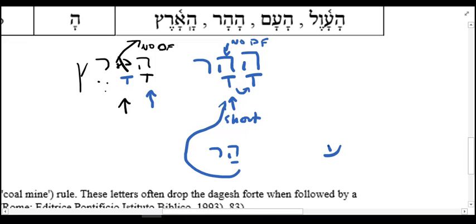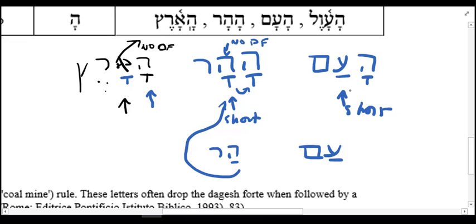The word for people, which is one of our vocab words already, has a short pathak, and when I add the article and say ha'am, what happens? I'm going to get a kametz, and the pathak that was short is going to harmonize and become a long kametz to match the kametz under the article hey, ha'am. So people and the people.